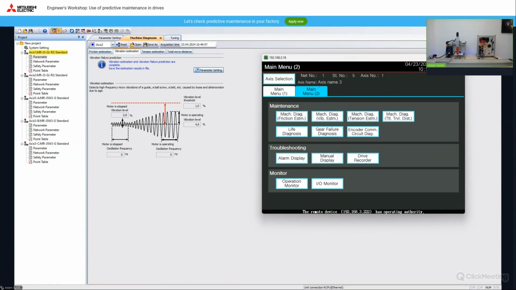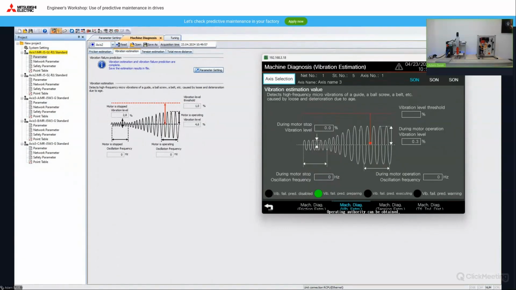And there are ready screens that we can easily add from GT Designer. And here we have the functions related to the maintenance generally, and 4 of them are related to the machine diagnosis. And here we have the vibration estimation function. So the same values that we have in MR configurator, we can see online in this view.